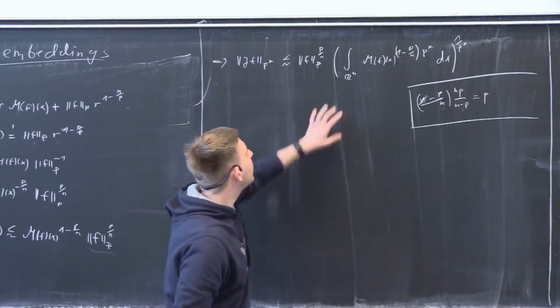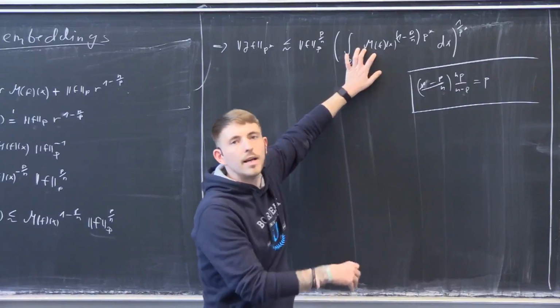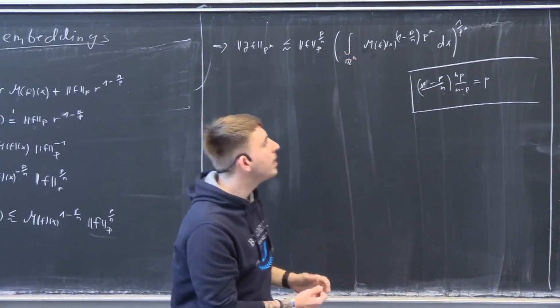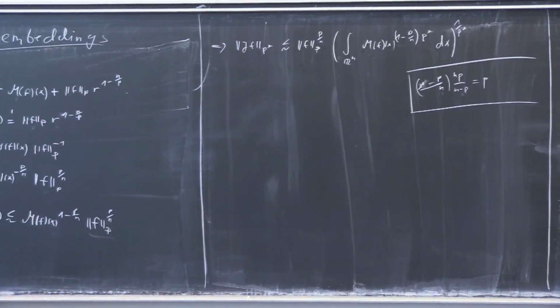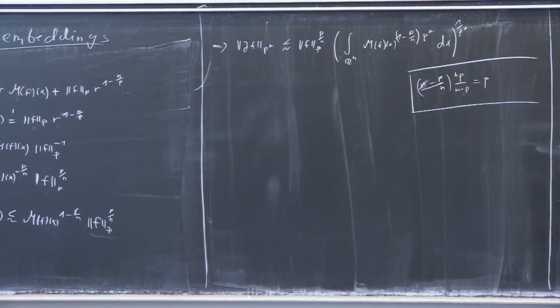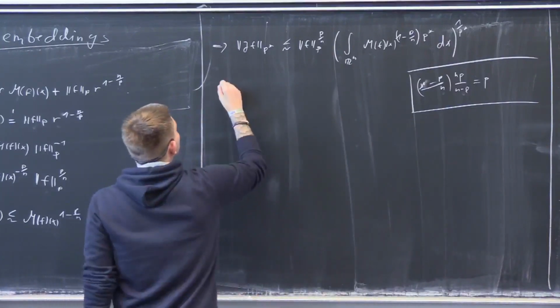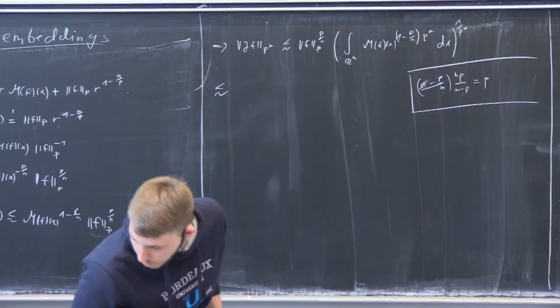Okay, so what do we have here? In fact, here I have an LP norm of the maximal function. This P is taken strictly larger than 1 and strictly less than infinity, so we can use the LP boundedness of the maximal function that we discussed in lecture 9. So we get here a bound. Let's give the correct number.